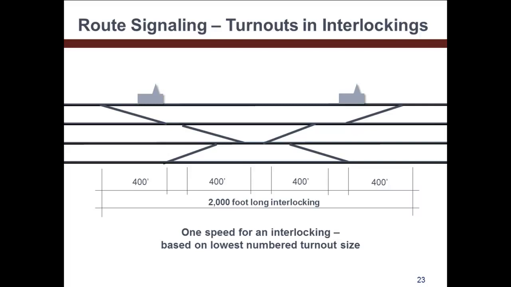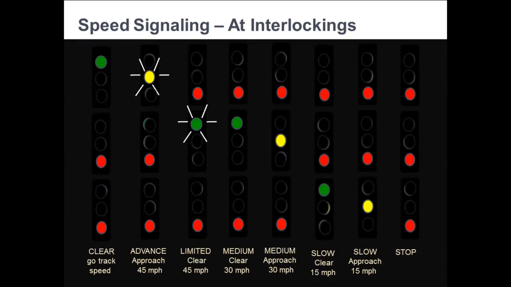And the fact that the train engineer has to constantly refer to the employee's timetable for speed limits for all moves. And it has happened that the train engineer forgets exactly where he is and reads the timetable incorrectly. This can be disastrous. Speed signaling improved upon these things, as we will explain now.